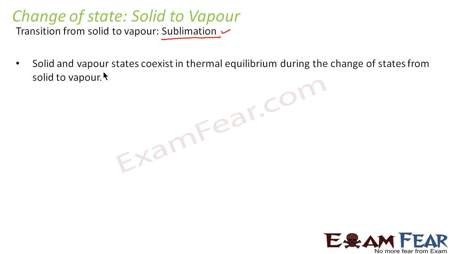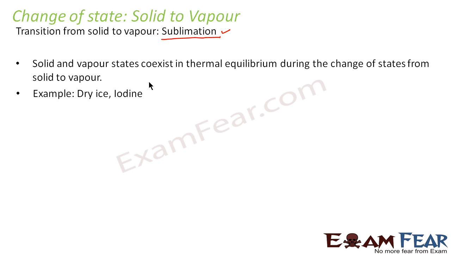Solid and vapor states also coexist in thermal equilibrium during the change of state from solid to vapor. So these are basically the terms which you should remember: melting, fusion, vaporization and sublimation. Even for sublimation, liquid state has no role to play. So at thermal equilibrium, here the solid and the vapor phase will exist together.